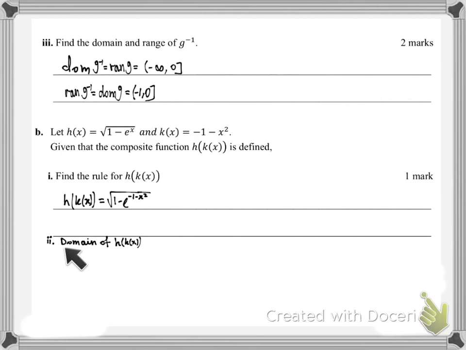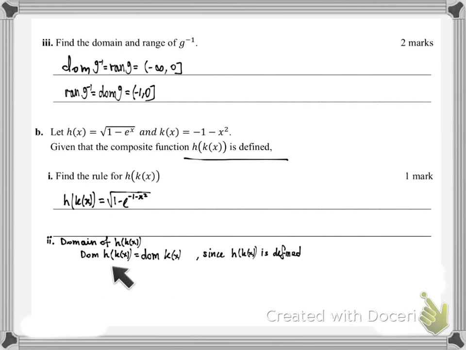Now, the next question was to determine the domain of this. So, an important idea is the domain of a composite function. Well, if this composite function is defined, if it exists, then simply the domain of the composite function is just the domain of the inside function, k of x.